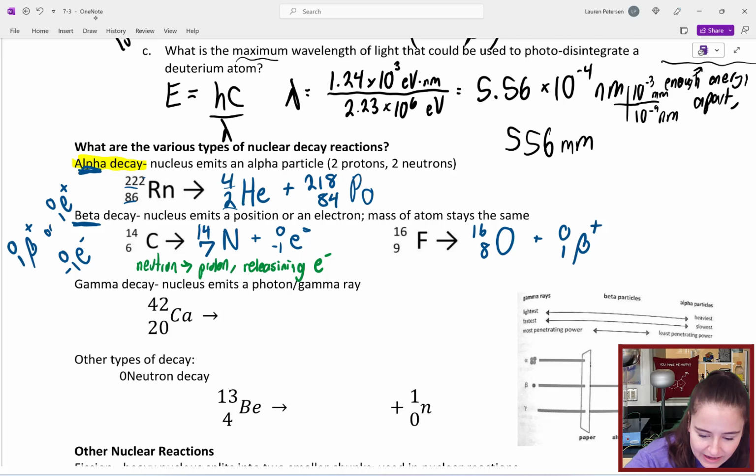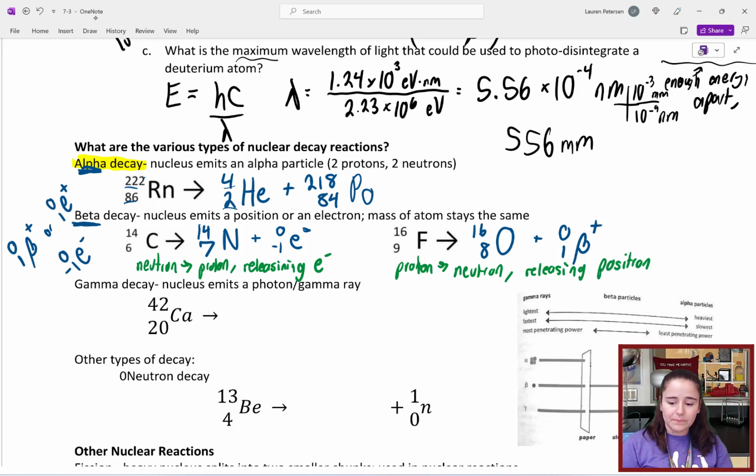And here we have a proton changing to a neutron by releasing a positron. Positrons have the same mass as an electron, but an opposite charge. They are the antiparticle of an electron.